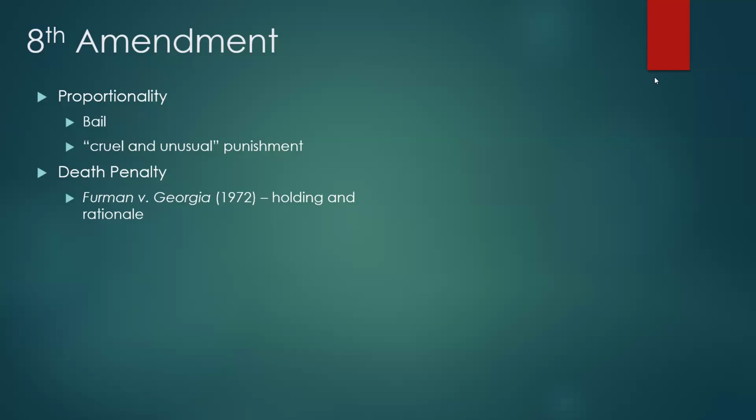There was a good bit of discussion. Several concurring opinions were written, calling out the existence of the death penalty at all, saying that any death penalty is wrong and that the death penalty should never be used. But there was no majority on that.